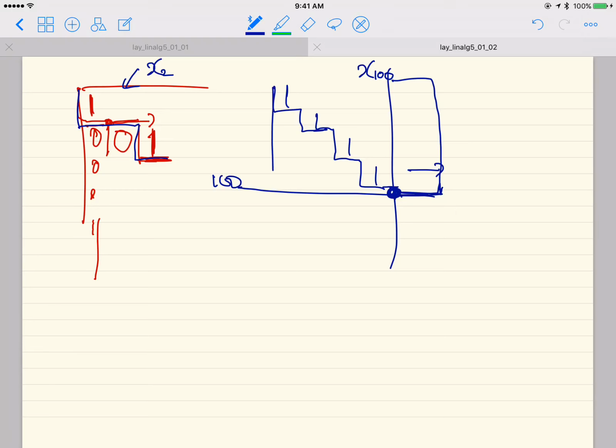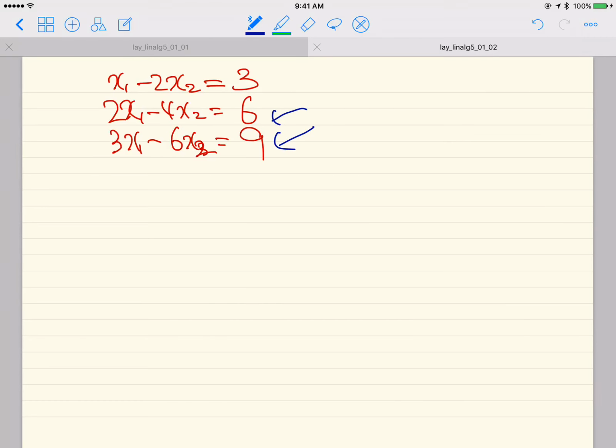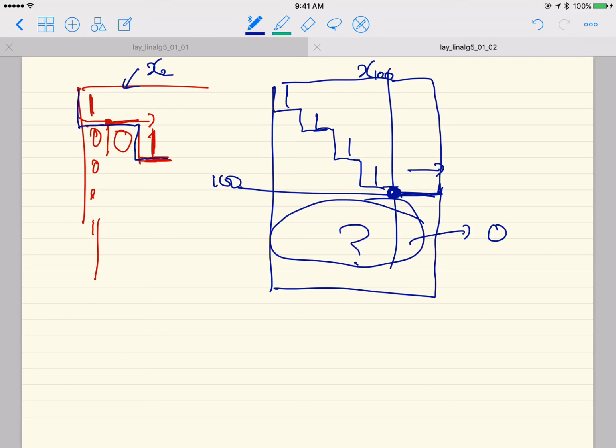But what about this part? As long as this part becomes all zeros, it doesn't affect our solution, right? So that is a meaningless equation, just like those. Okay, so we can have basically unlimited more equations, but those equations should be meaningless equations.